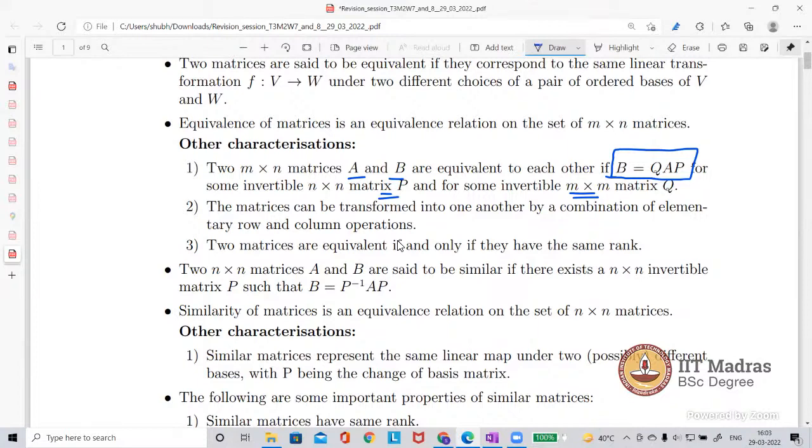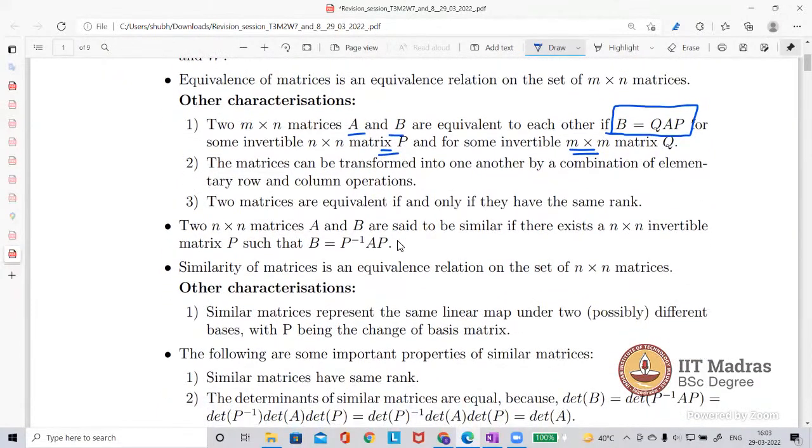When two matrices are equivalent, this property will hold in both directions. That means if A and B are equivalent, then rank of A equals rank of B, and if two matrices have the same rank, then they are equivalent also.